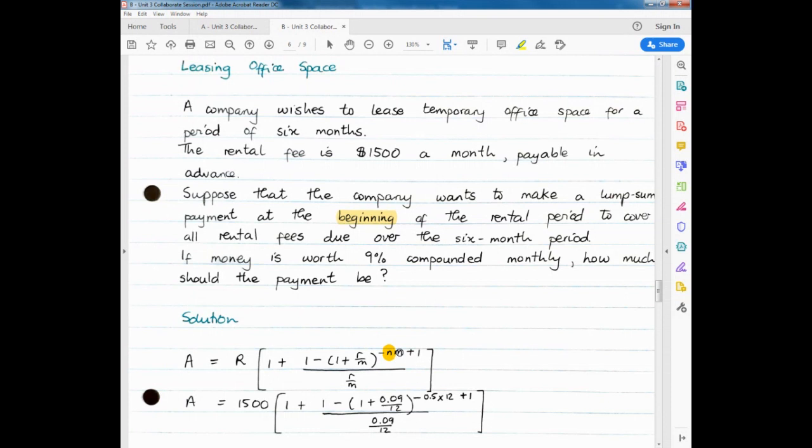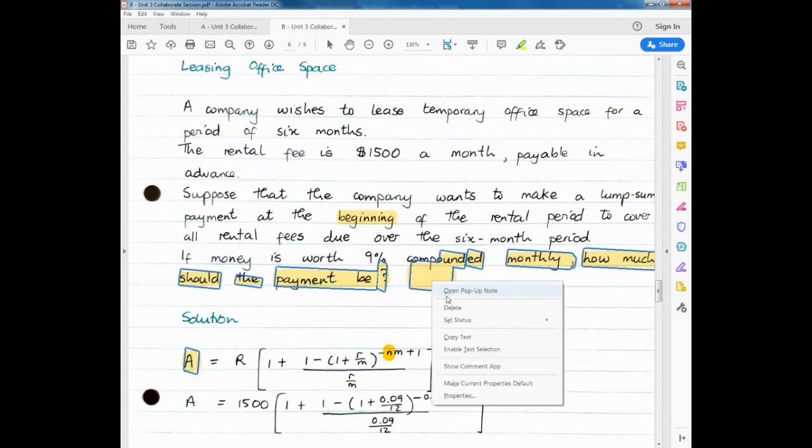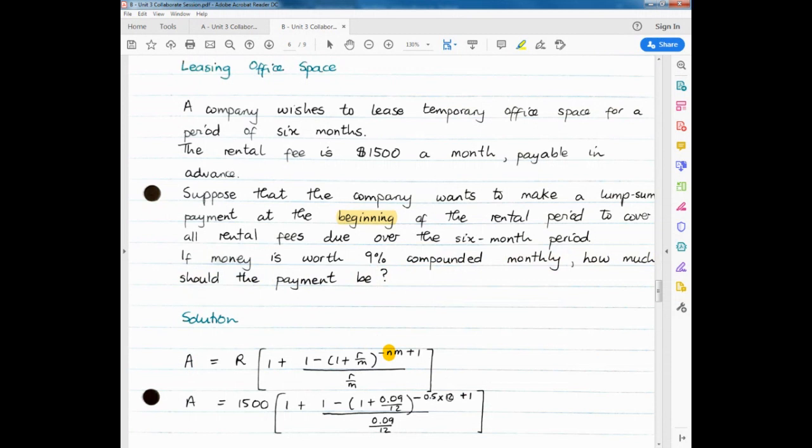So the number of years for this lease is 6 months. Don't go and write 6 there. Write half or 0.5, because 6 months is half of a year. And then you multiply that by 12 and you see that this gives you 6 months. 0.5 times 12 gives you 6 months.